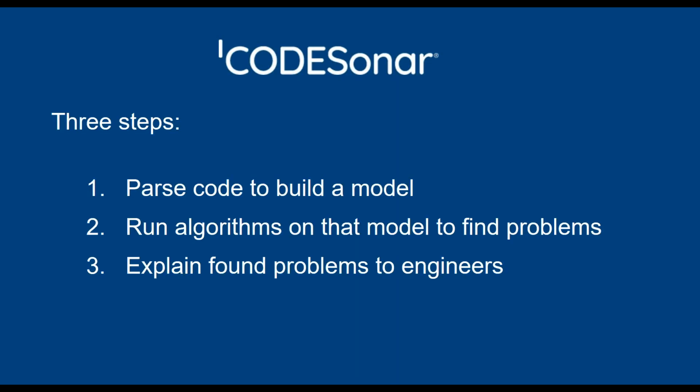So how does CodeSonar work? Basically, you parse your code using your own build scripts and so on, and then you run some algorithms. A model is built up inside CodeSonar, and the tool will explain why it has issued a warning for an issue.